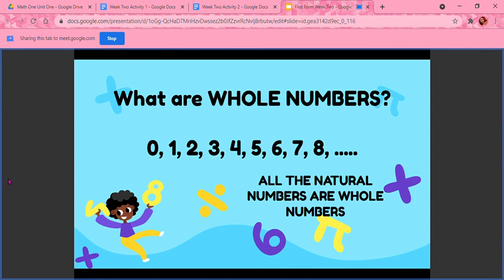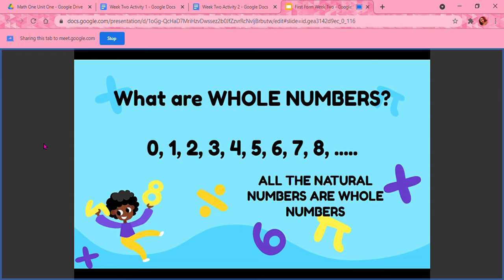Moving on. A whole number now. Whole numbers are all the natural numbers and the number 0. So whenever I give you the number 874 and you tell me that is a counting number, it is also going to be a whole number.